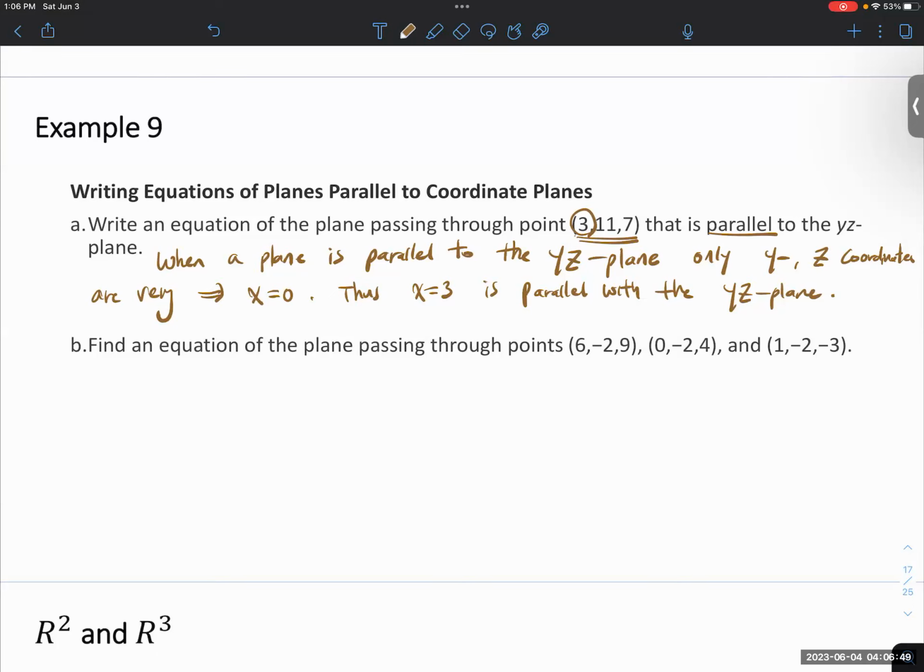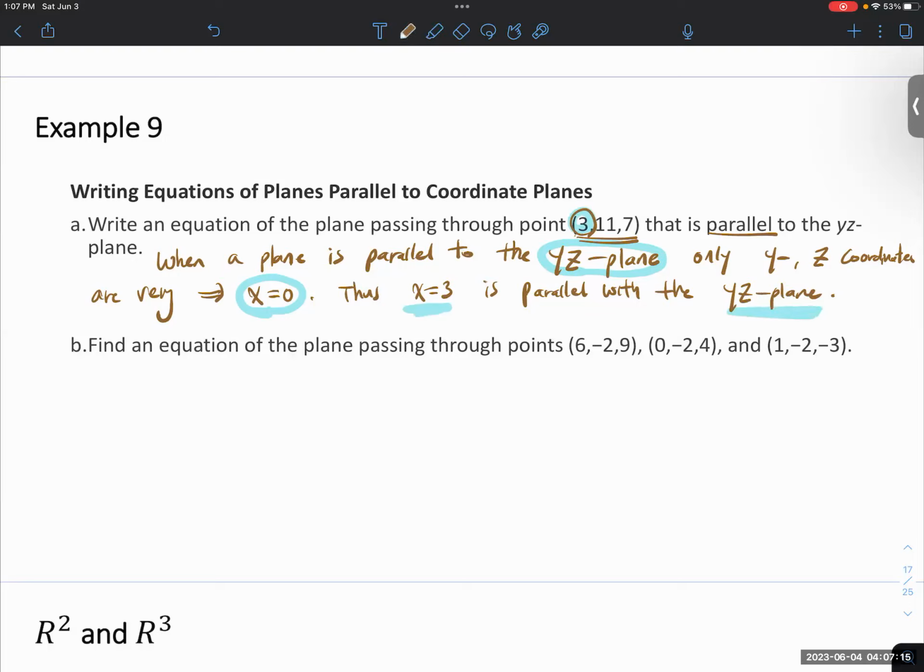They're going to be parallel to each other. Okay, so that's the definition. You can think about it, it's not really an abstract concept. When a plane is parallel to the YZ plane, you need to find X equal to some number, which is here. This is the plane parallel with the YZ plane.